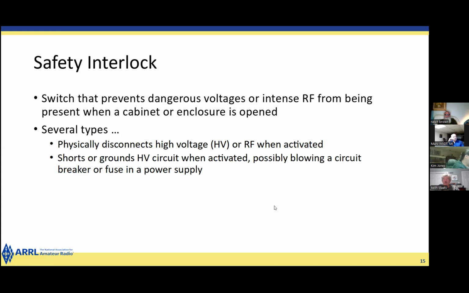There are several types. One physically disconnects high voltage or RF when activated, and another shorts or grounds high voltage circuits when activated, possibly blowing a circuit breaker or fuse in a power supply.